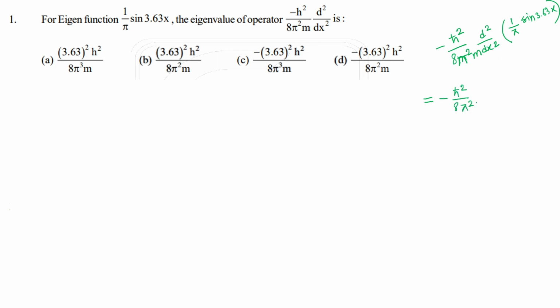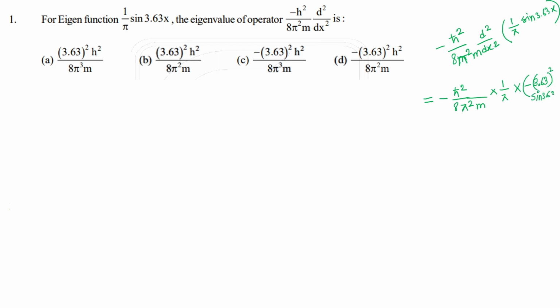8 pi square m, this would be there, right? Then 1 by pi is constant, that will come out before the derivative. Now the double derivative will lead to minus 3.63 whole square, because it will come twice, right? And your sine.